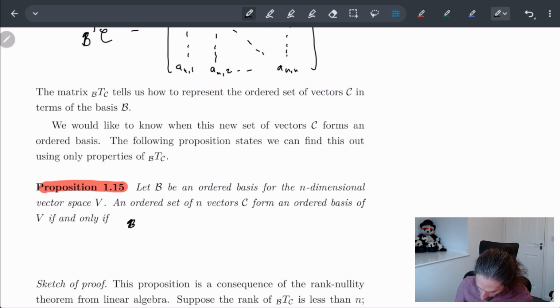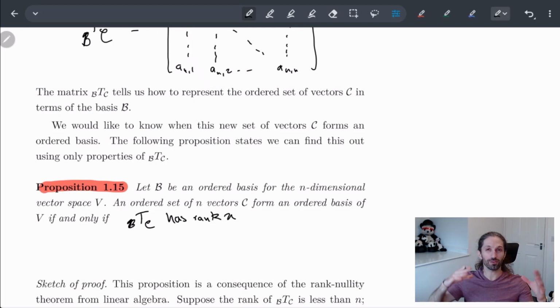So B transition C has rank n. If you remember what rank n means, you take the reduced row echelon form of this, and you'll get just diagonal ones. Everything else is 0. So that's one way to see this.